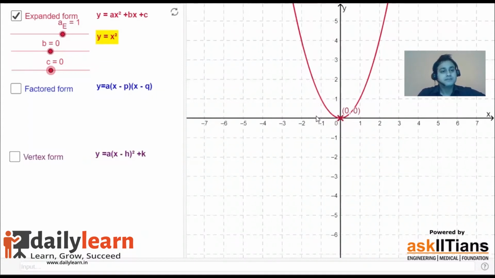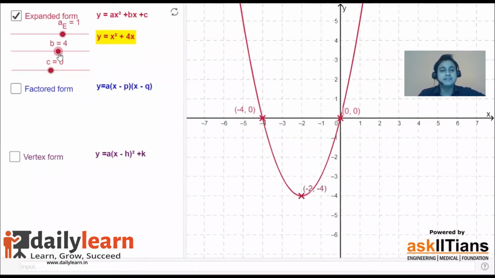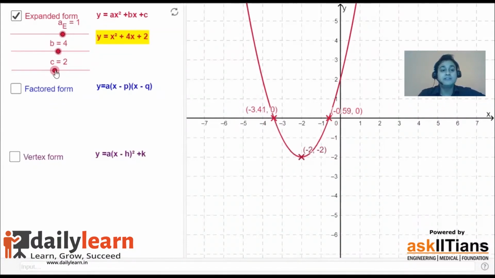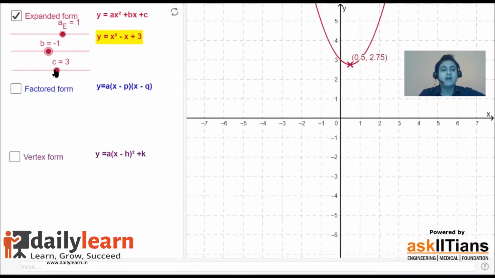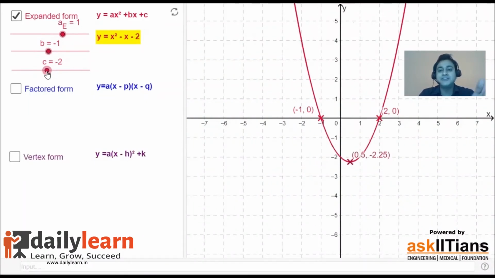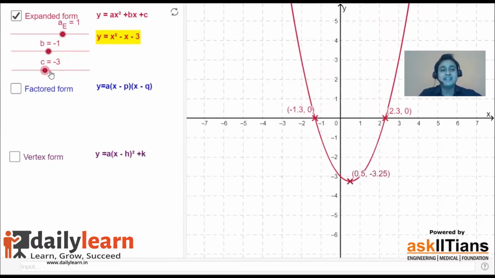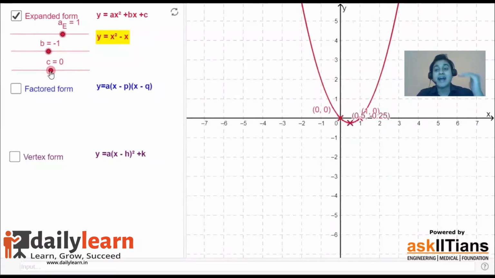Now what happens if my b increases, or my c increases at the same time, or decreases? The graph, as you can see, is changing, and it is not the same graph that y is equal to x square was. Now the graph is shifting, and it is also expanding its width. So the graph is changing its vertex.